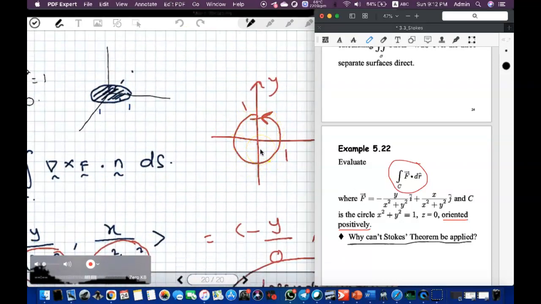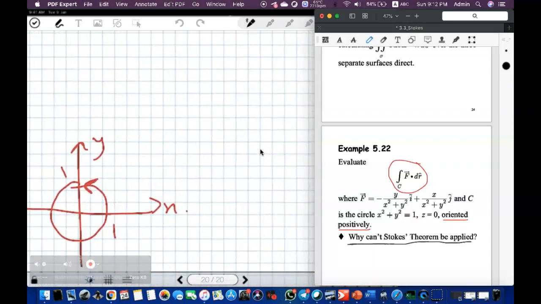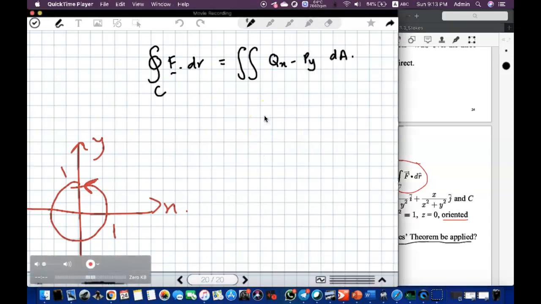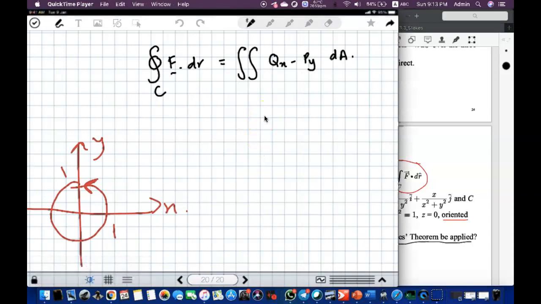Okay, so what is the formula to apply Green's theorem? To apply Green's theorem, the integral of F dot dr over the closed curve C is given by the double integral of Qx minus Py dA. So this is Green's; the extension of Green's is Stokes'. Green's is only 2D, Stokes' is for 3D, over the region R. So what is Q?